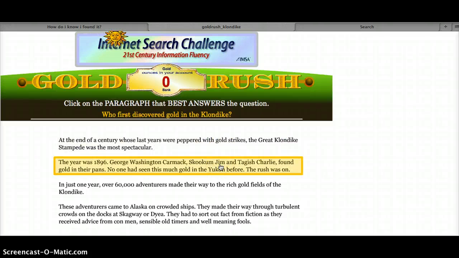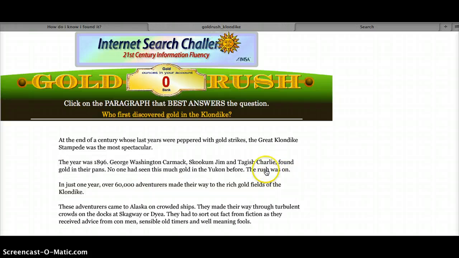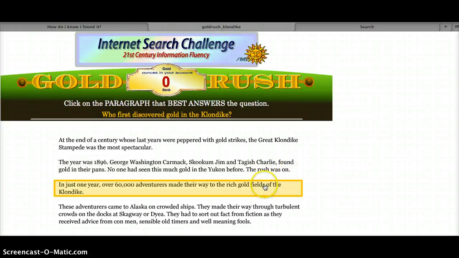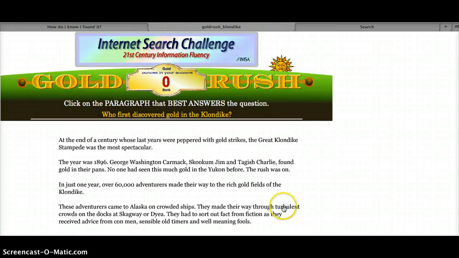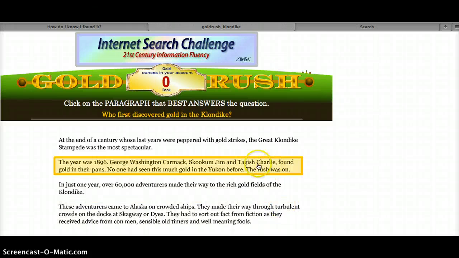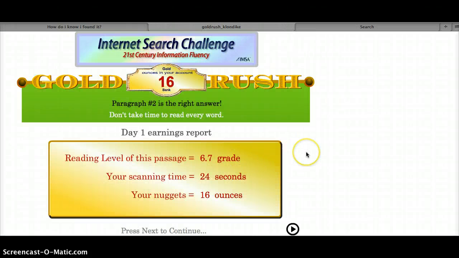All right. I don't see the word discovered in this one, but I do see a word that means discovered. So I'm going to keep that one in my mind. I don't see it here. I don't see a who here, but I do see a who here. Okay? All right, I had the right answer, but I was a little bit slow.